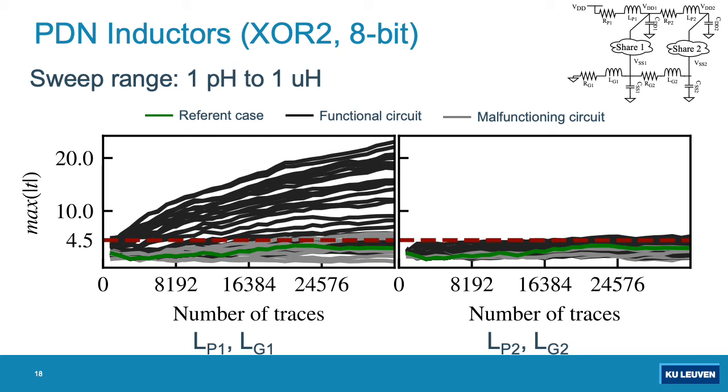Nevertheless, looking at the position of LP1 and LG1, these parasitic inductors may well belong to the bonding wires outside the chip. Therefore, this is not entirely irrelevant, or it is possibly dangerous in practice.